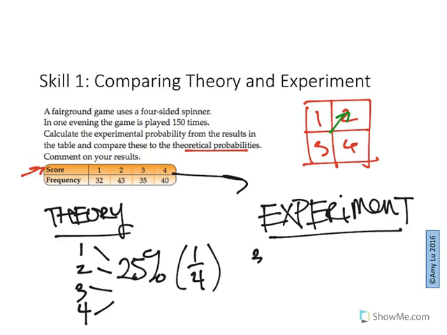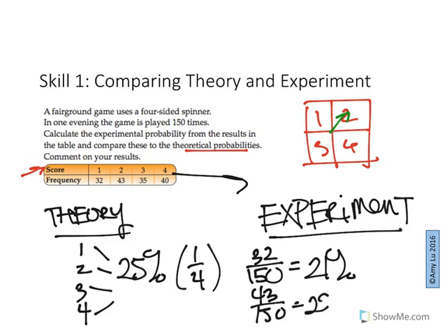So in the first one, 32 out of 150 for the number 1. That is 21%. The next one is 43 out of 150, which is approximately 29%. And then for 3, it was 35 out of 150, which is 23%.